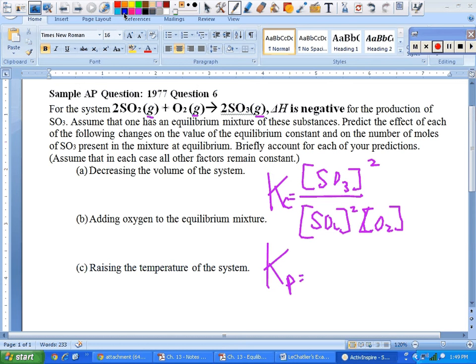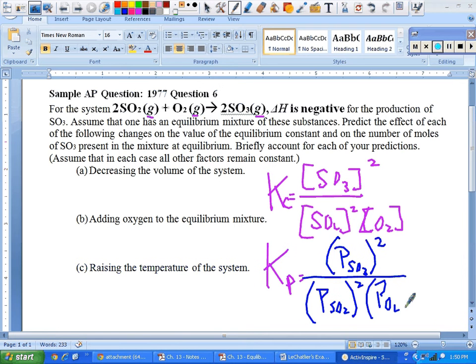Because remember, it's partial pressures, parentheses and the P. Partial pressures, the two P's. So it's the P of SO2 squared and the P of O2. So either one of these would work. SO3 on top, SO2 on the bottom. Okay. They will specify on the exam which one they want. They'll either say, give me KP, give me KC.